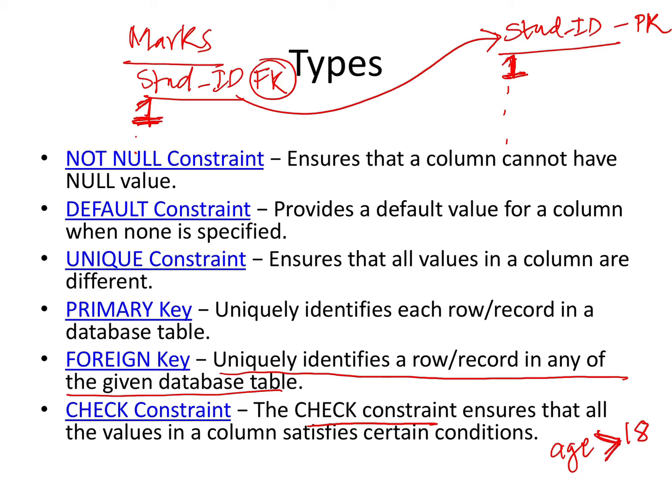Or maybe there is a database with a job opening, and they're checking for the age of the person to be within a certain age group, so more than 21 and less than 35 or 40, the ultimate age for which the person can apply for that job. This can be mentioned with the check constraint.